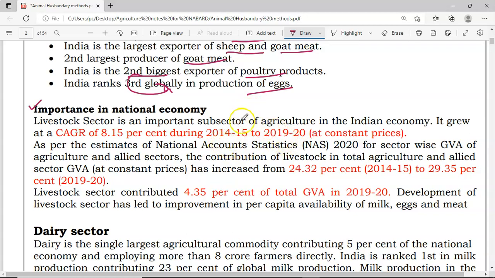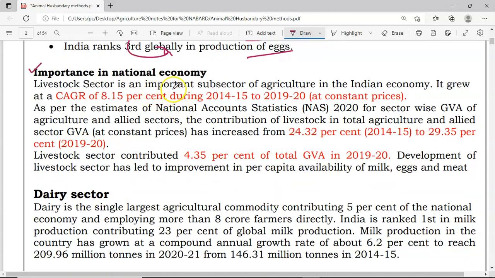You will see that the livestock sector is an important subsector of agriculture and it is growing at a CAGR of 8.15% during 2014-15 to 2019-20 at constant prices.